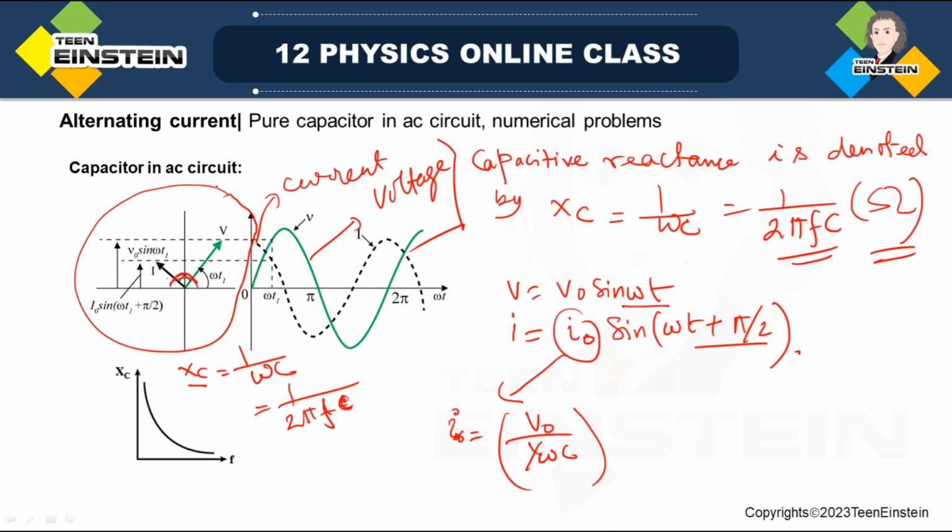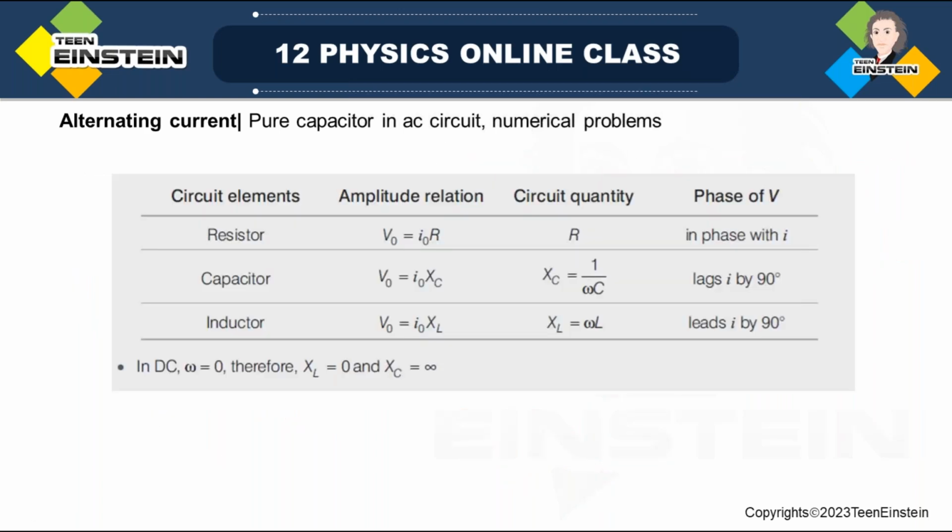Now we'll just move on to the numerical problems. Sorry, before that we'll just see all three components.